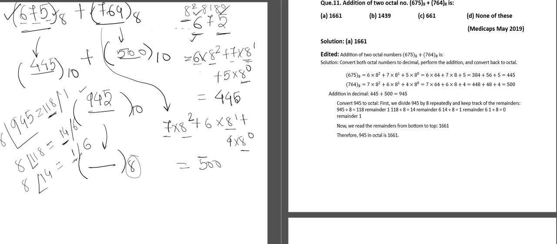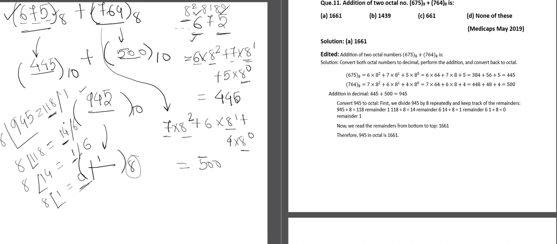Now we divide 1 by 8. If we divide 1 by 8, we get 0 with a remainder of 1. Now the division is not possible further because we have received 0 as the quotient.